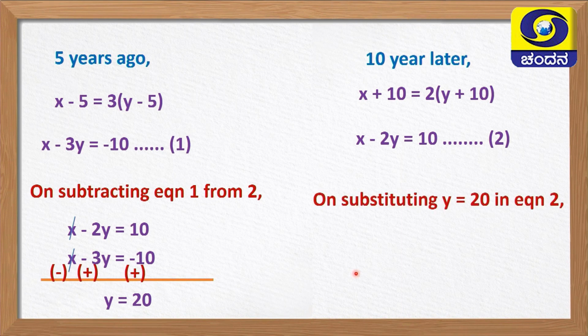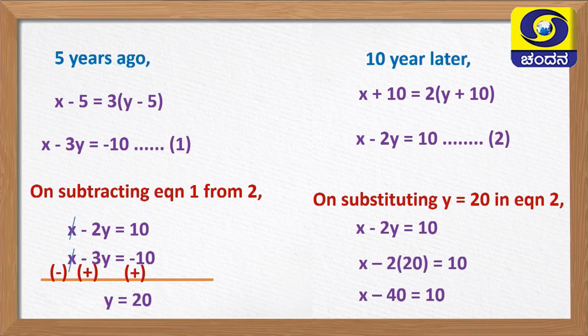Substitute the value of y in either equation number 1 or in equation number 2. Here I am substituting in equation number 2. So, x minus 2y is equal to 10, x minus 2 into y, which is 20, is equal to 10, x minus 40 is equal to 10. Send this minus 40 to RHS, which becomes x is equal to 10 plus 40, that is 50.